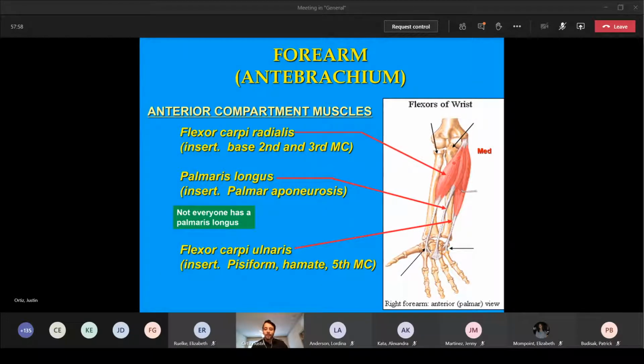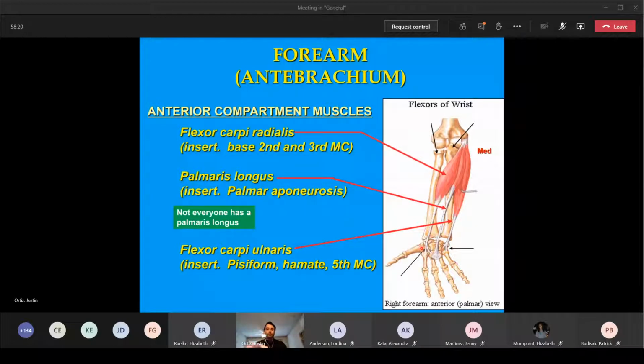Then you have your flexor carpi radialis. Remember, that's going to go from your medial epicondyle to the base of your second and third metacarpal, so it's only going to allow for flexion of your wrist. He said in class as well, if you pull on the flexor carpi radialis, it's pulling on the thumb side, so it's also going to cause your wrist to turn to the thumb side.